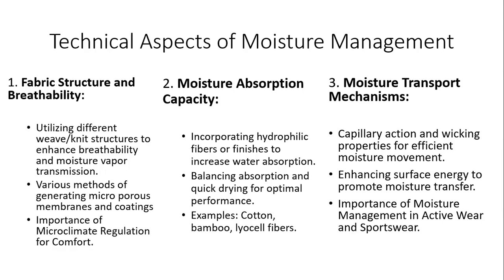So this moisture transportation mechanism also looked at enhancing the surface energy to promote the moisture transfer. Enhancing the surface energy is very, very important. I will take a very basic example. If you take the lotus leaf, the lotus leaf does not get wet.